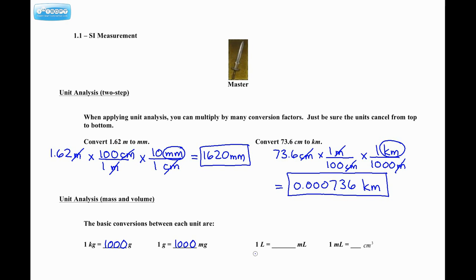Okay. If I'm talking about volume, 1 liter, okay, you should know that that is 1,000 milliliters. Okay. And if you have 1 milliliter versus cubic centimeters, well, they're actually the same thing. Okay. So if you see 1 milliliter or 1 cubic centimeter, well, they mean the same thing.